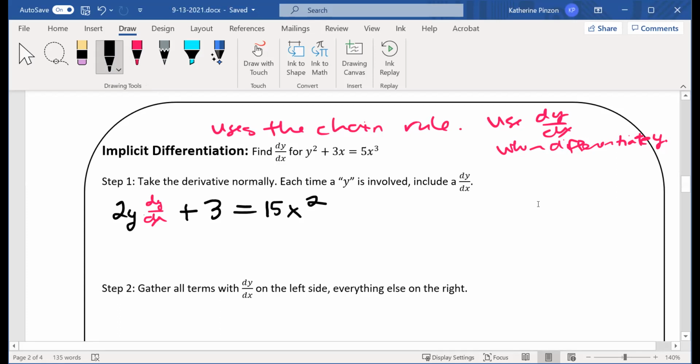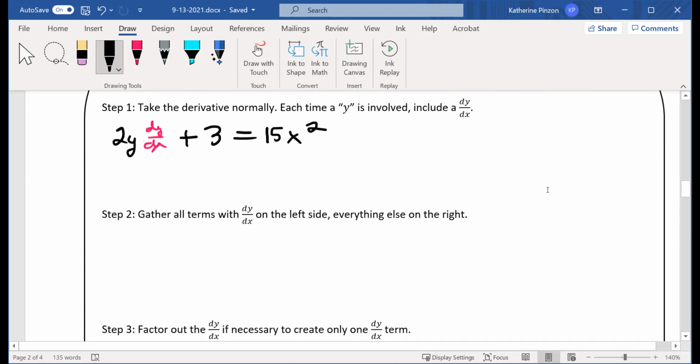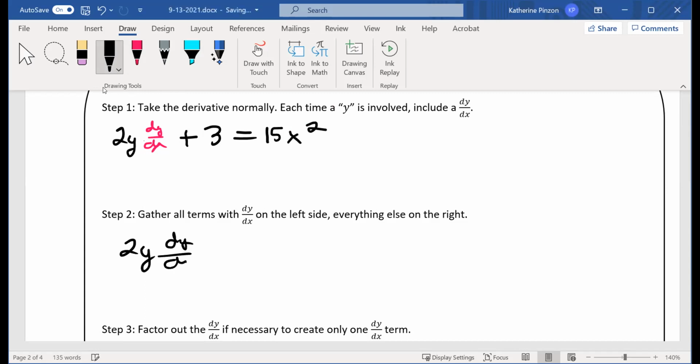Okay, step 2 says gather all the terms with dy dx on the left side and everything else on the right side. So what am I going to change here? Subtract 3. 2y dy dx is 15x squared minus 3.